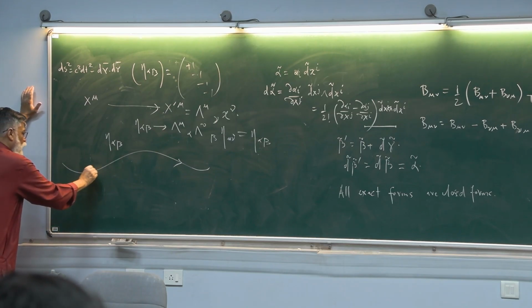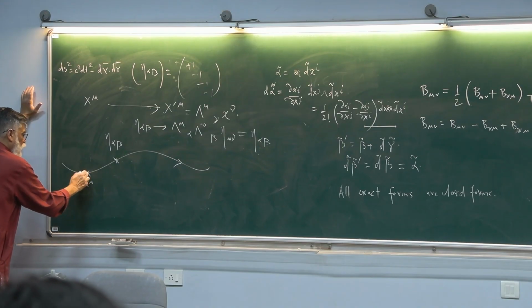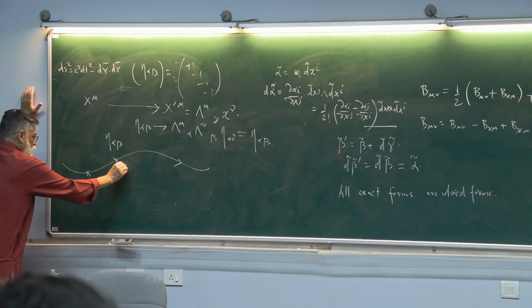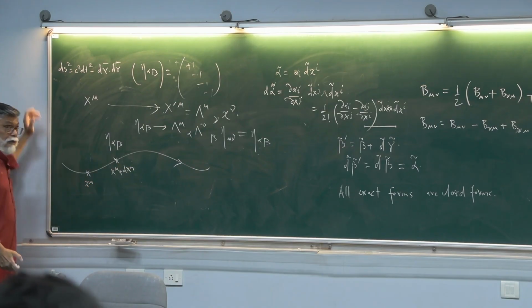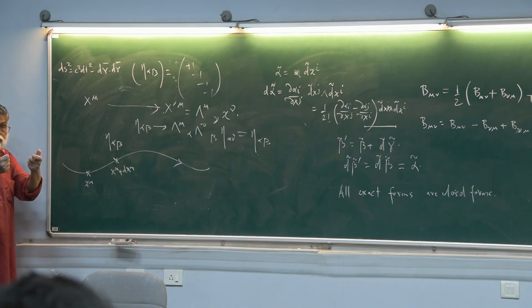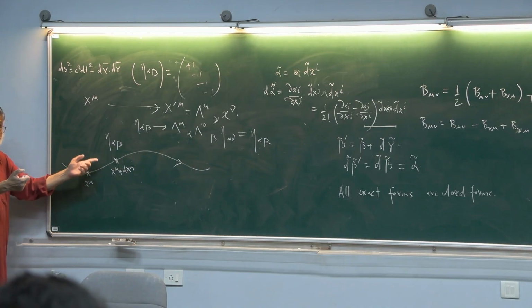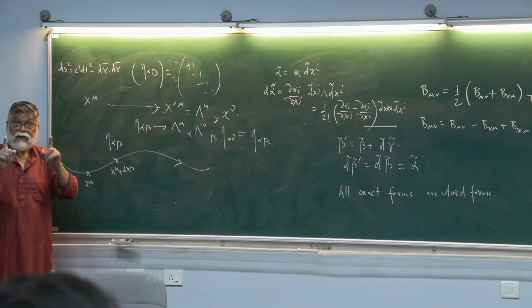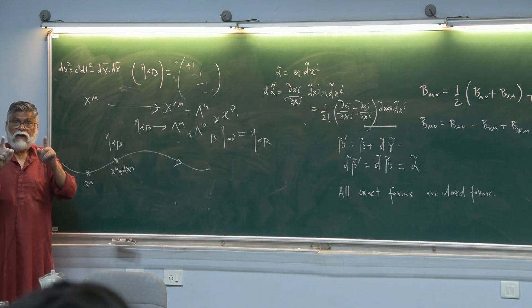So, if it is going from one point to another point in the event, here are the 4 coordinates of this event, and then the proper time which the clock of the observer measures. Now, this is very important. It doesn't matter whether you're moving at uniform velocity or accelerated.